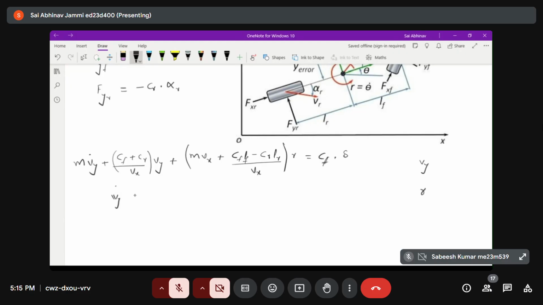So Vy dot equals, I'll just send this here and divide by my mass, so it will be minus Cf plus R into m into Vx plus, there won't be m here.